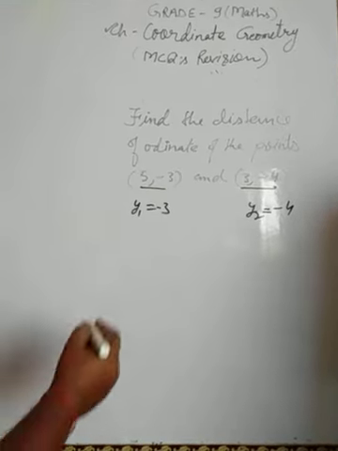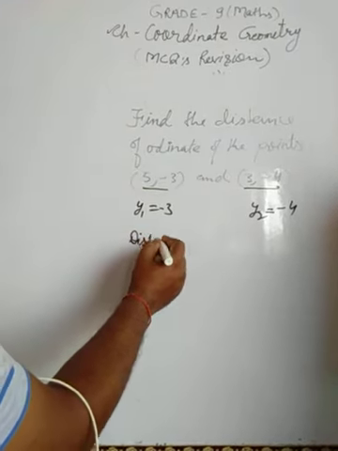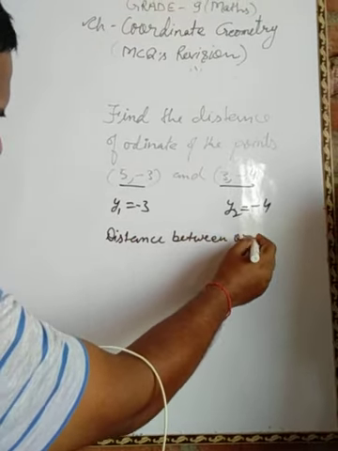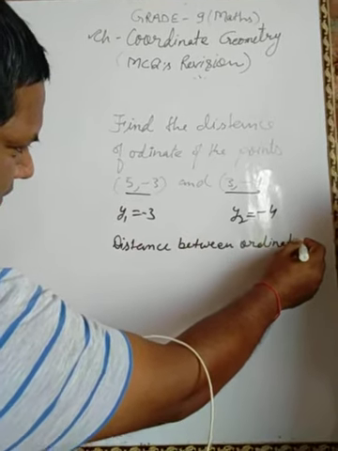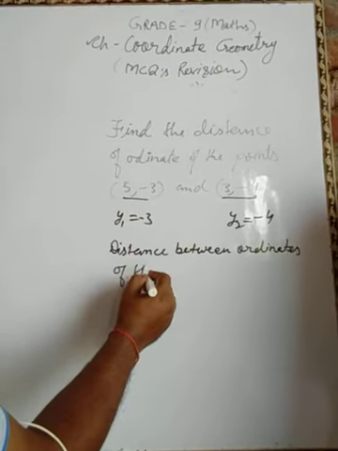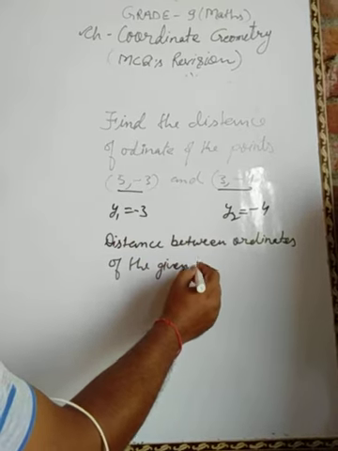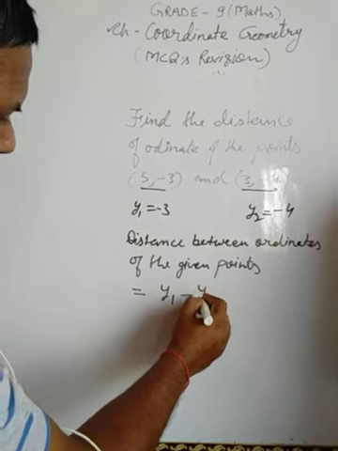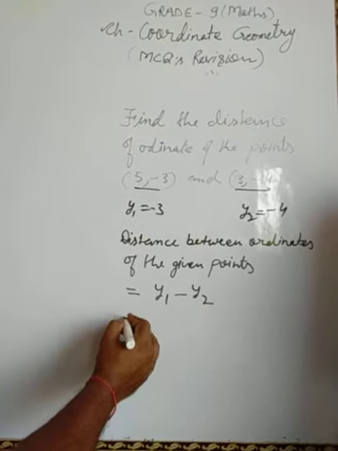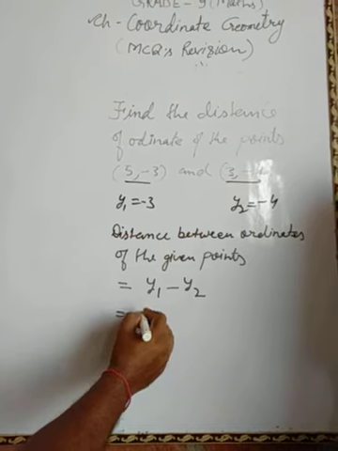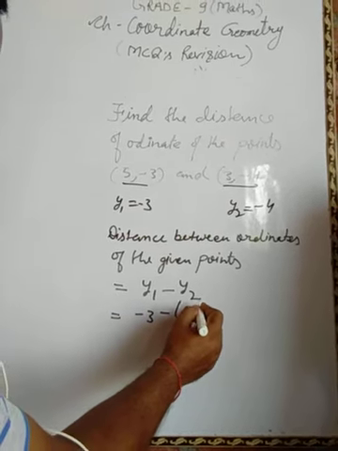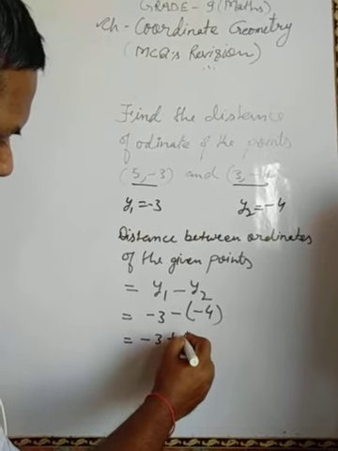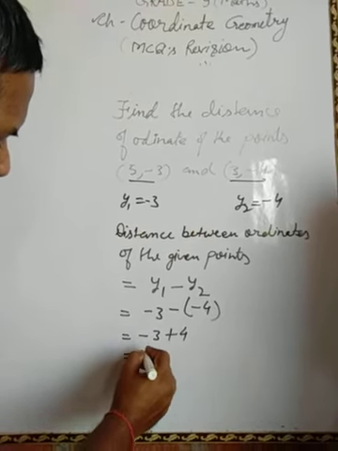So the distance between ordinates of the given points is equal to y1 minus y2, and from the given points I may write y1 as minus 3 and y2 as minus 4. It is minus 3 plus 4, as a result it is 1.